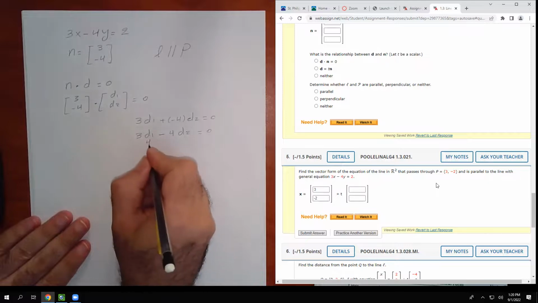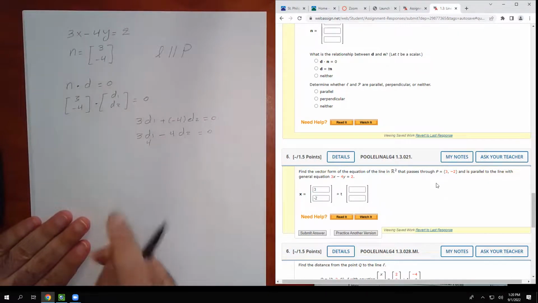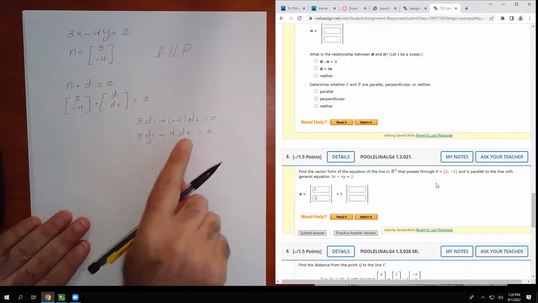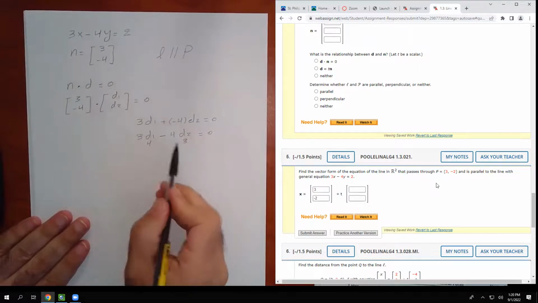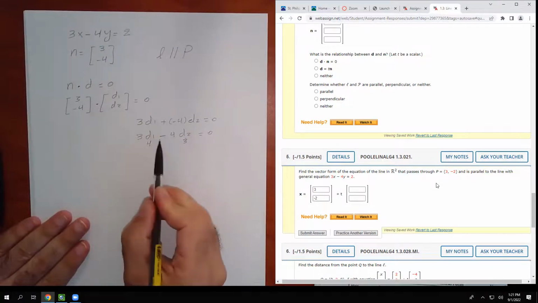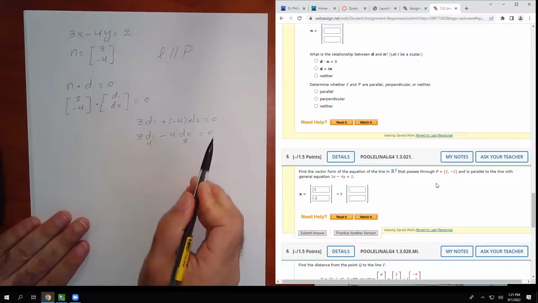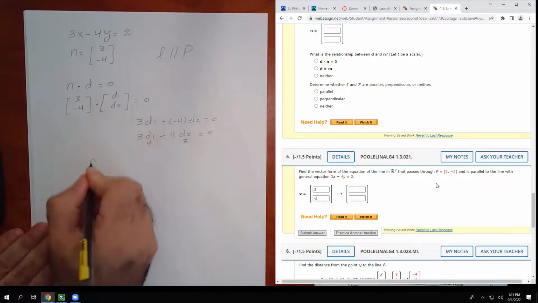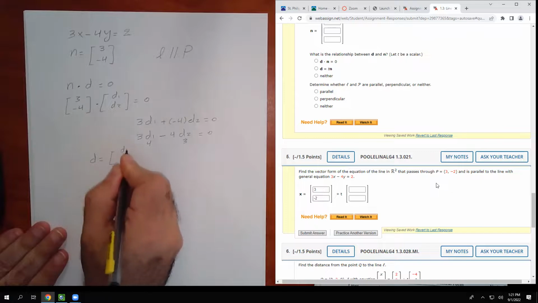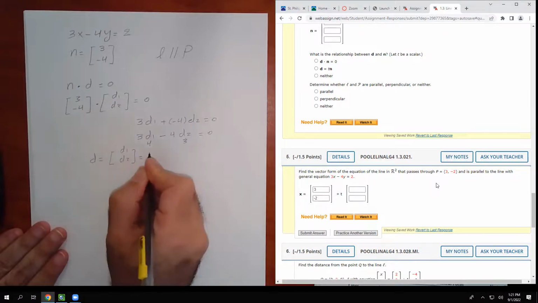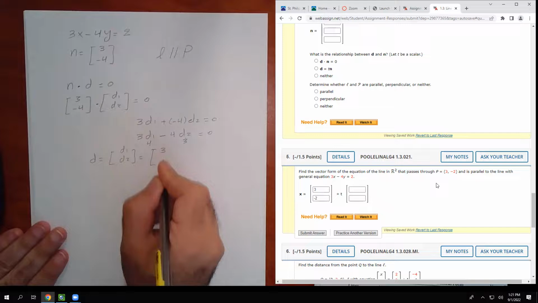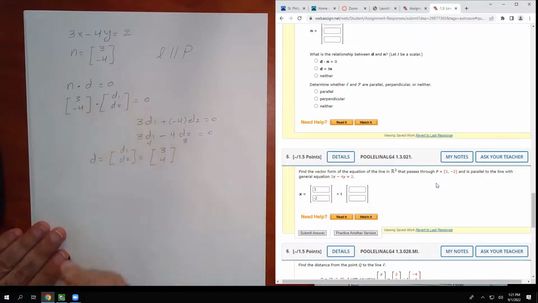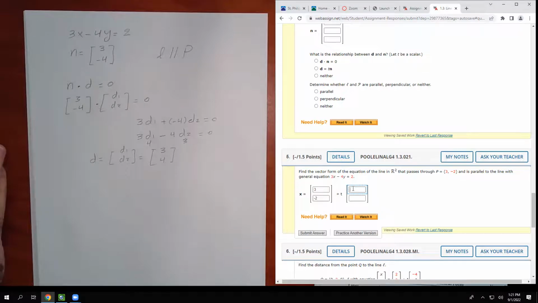If I put 4 here, 3 times 4 is 12. If you put 3 here, 4 times 3 is 12. That means 12 minus 12 is going to be 0. That means D1, D2 is going to be equal to: D1 is 4 and D2 is 3. That's our goal.